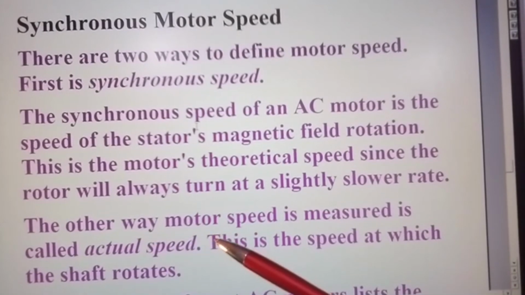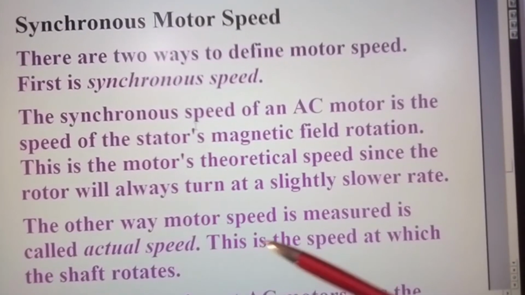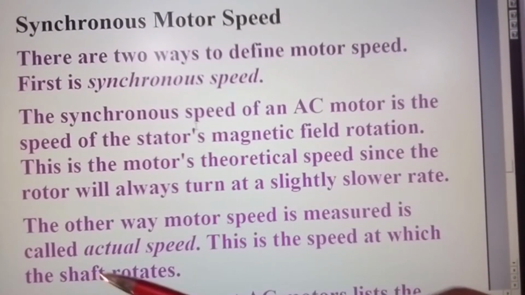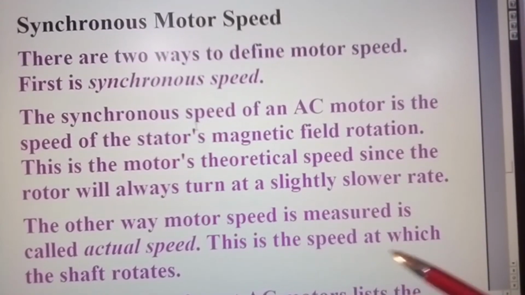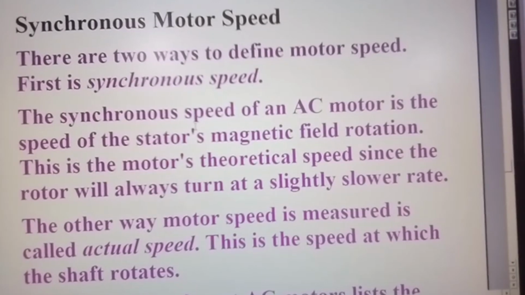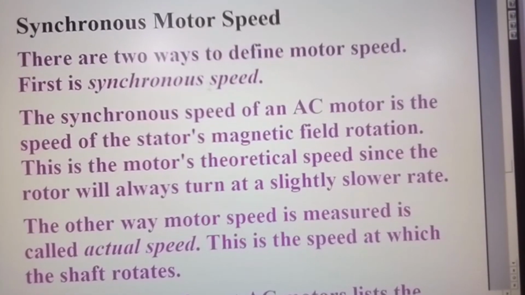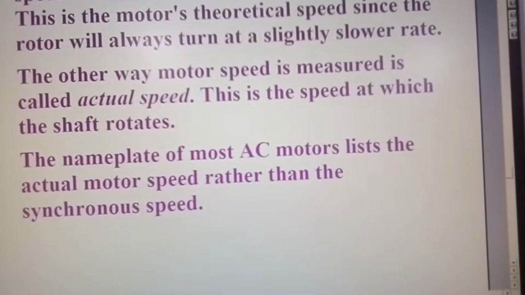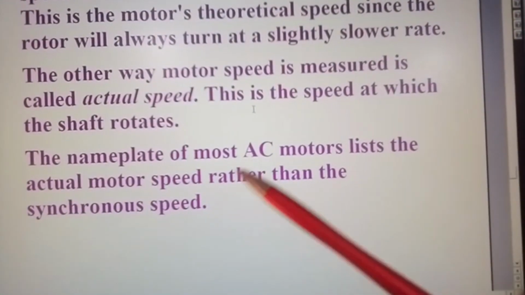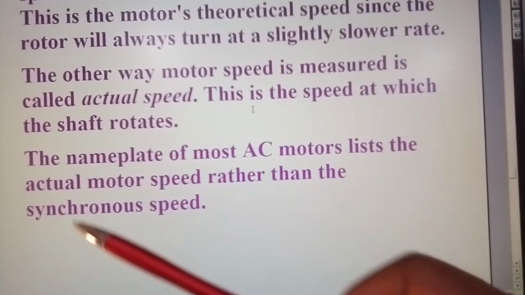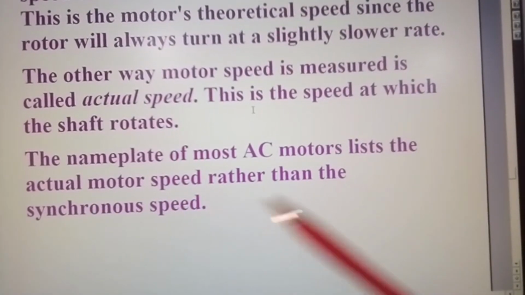The other way motor speed is measured is called actual speed. This is the speed at which the shaft rotates. Now the nameplate of most AC motors lists the actual motor speed rather than the synchronous speed.